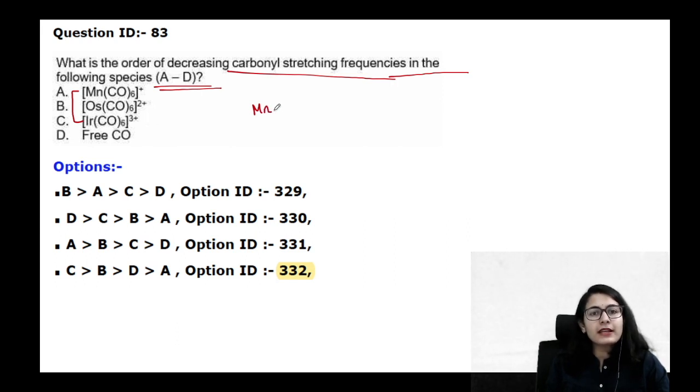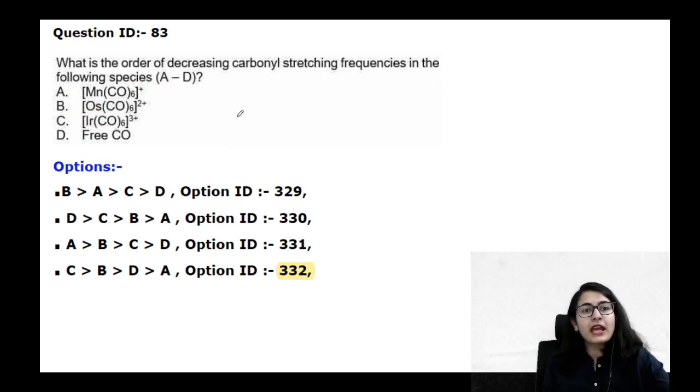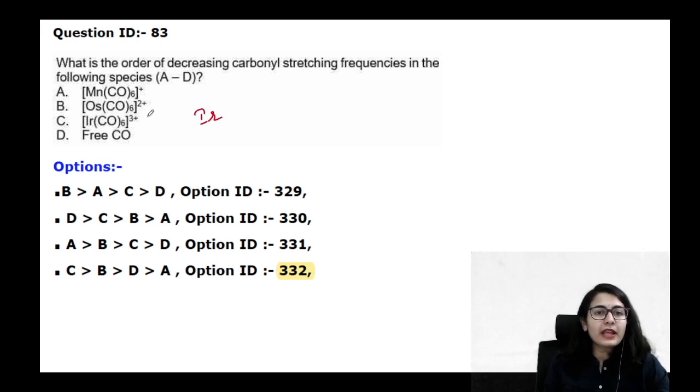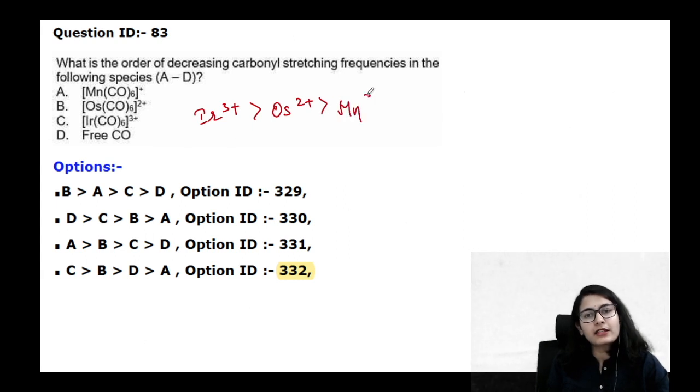So manganese, being a third row element, is going to have slightly better pi back bonding as compared to osmium and iridium, and also the charge is less on manganese. So you can say without any doubt that iridium having a 3 plus charge has a greater carbonyl stretching frequency than osmium having a 2 plus charge as compared to manganese having a plus charge. So this you can answer based on logic.